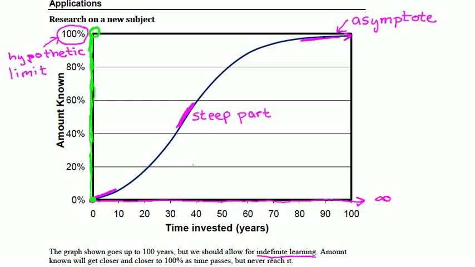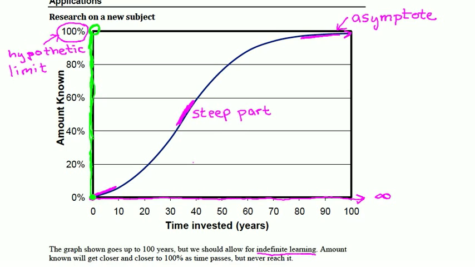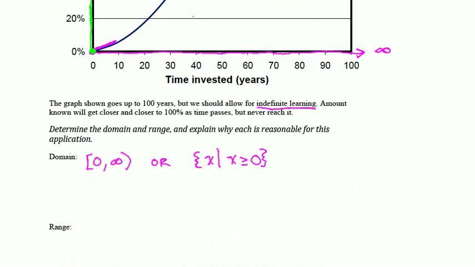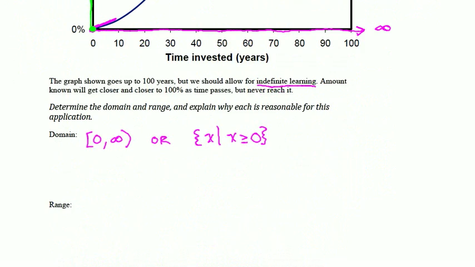We're going to represent that with a round parenthesis in our interval notation, or a strict inequality if we're using set builder notation. So the range starts at 0, goes up to 100 with a round parenthesis indicating that we never quite reach 100%.